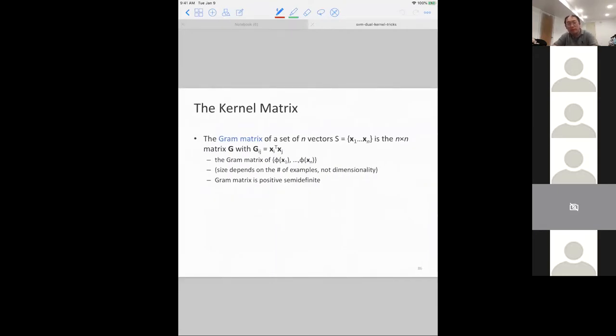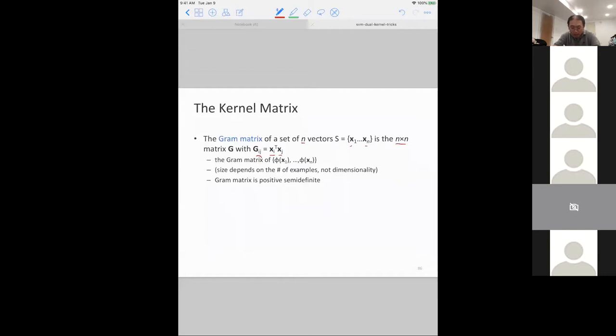Now let's look at the definition of the Gram matrix. The Gram matrix is constructed on a finite set of vectors. Suppose the number of vectors is n, and the set of vectors is denoted by x1 to xn. Then the Gram matrix is the corresponding n by n matrix, where each element is the inner product between the two corresponding vectors.